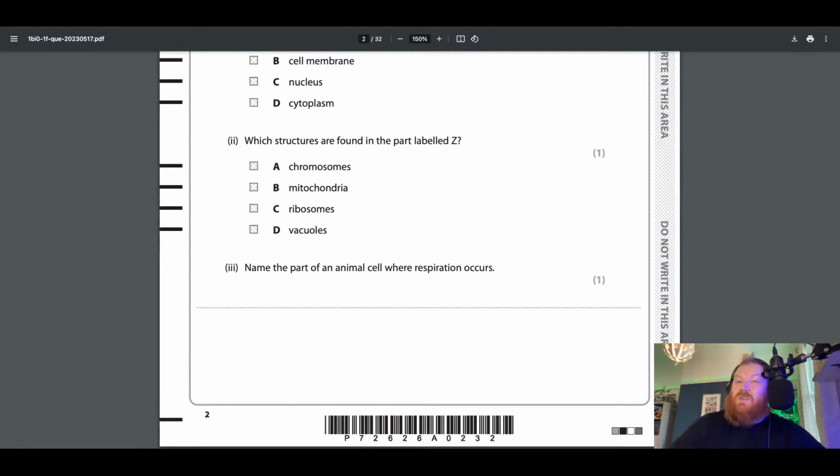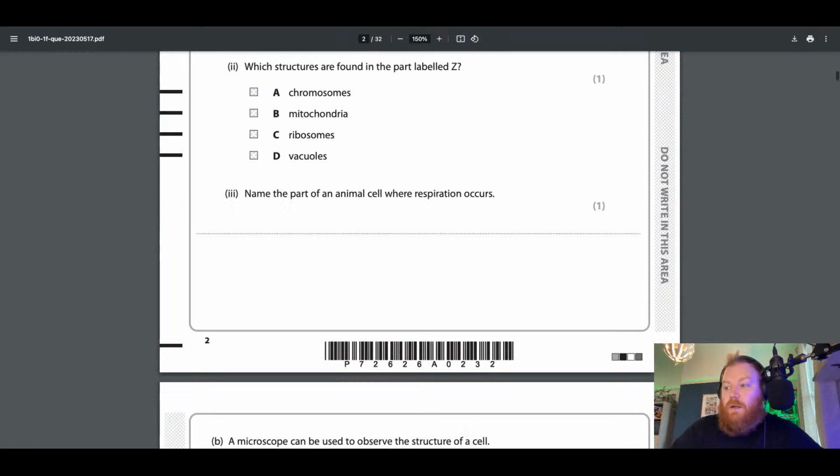This question should realistically specify aerobic respiration, but what they are going to look for depends on the level of the question that they're currently looking at. But we would be looking for mitochondria is where respiration occurs.